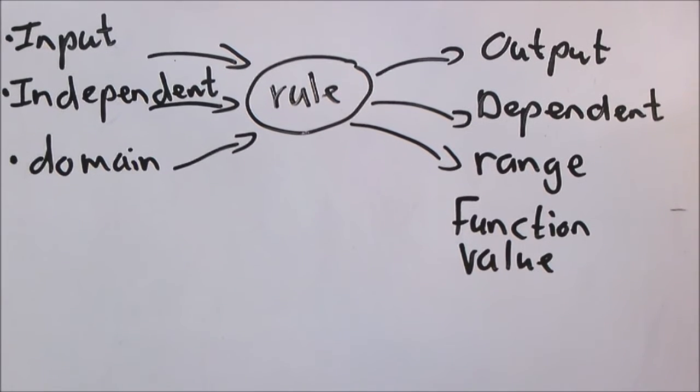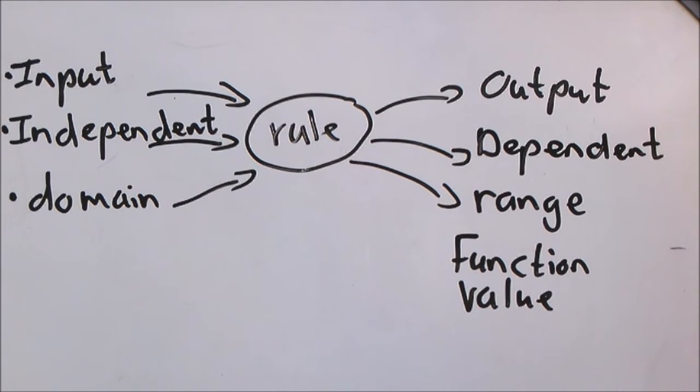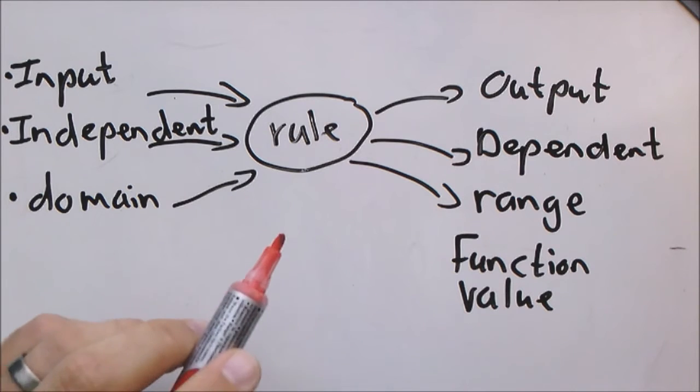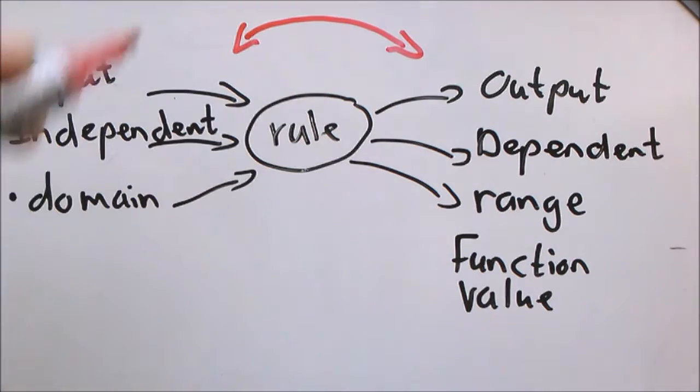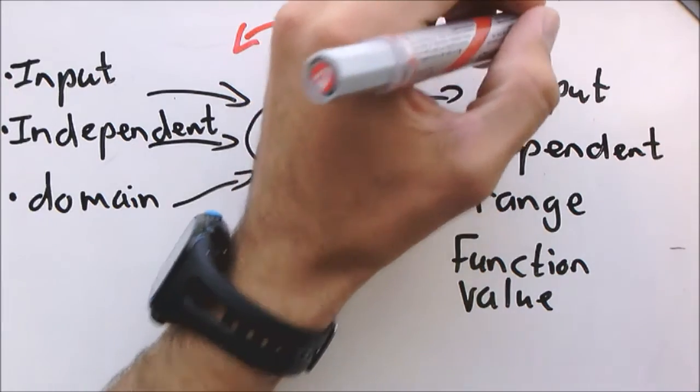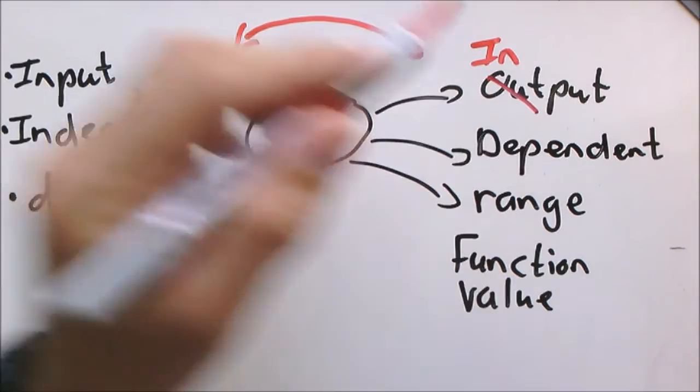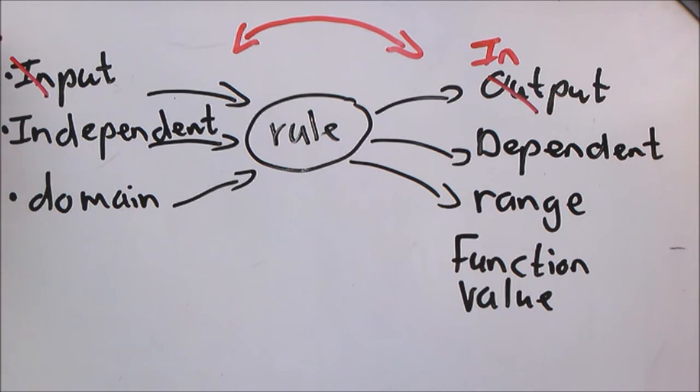Okay, so now that you understand functions, we can move on to the inverse of a function. Now what happens with an inverse is the following. These literally just swap around. Your output value becomes your input value, and your input value becomes your output value.